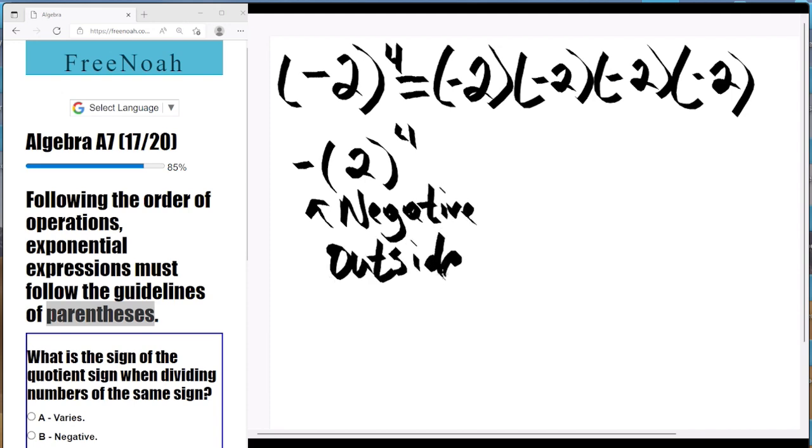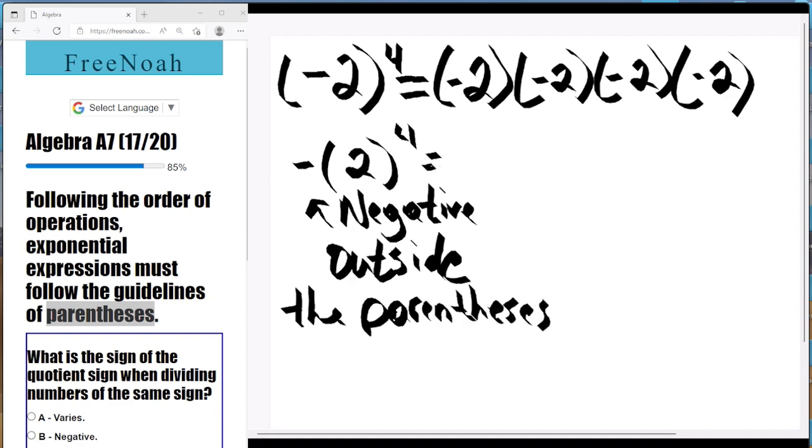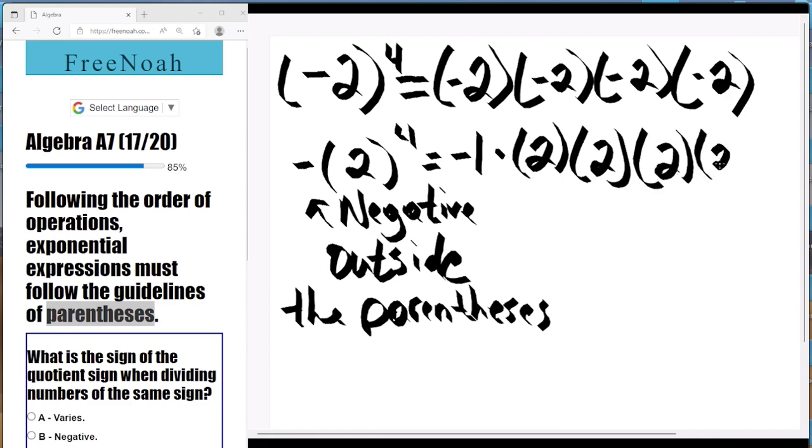It looks similar, but what this implies is -1 times 2 times 2 times 2 times 2. So this is another way of staying true to the order of operations.